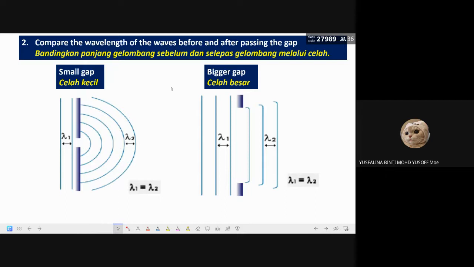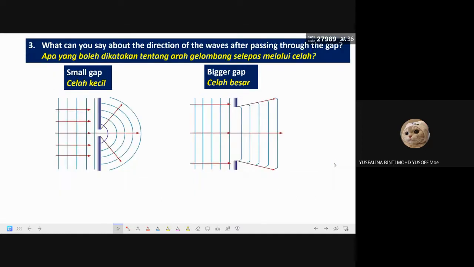Alright, now it says compare the wavelength of the wave before and after passing the gap. This is for the small gap and also the bigger gap. So the wavelength should be the same before and after it passes through the gap. It must be equal.